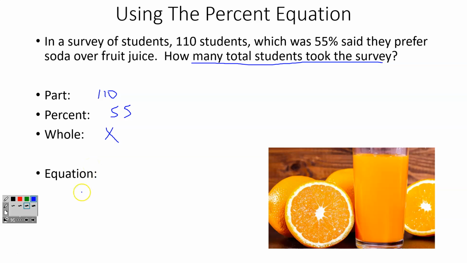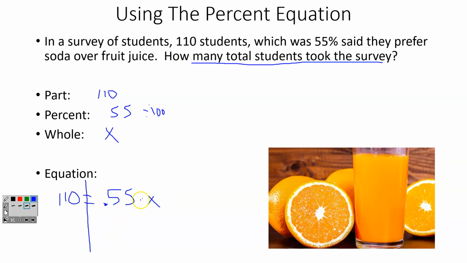So if I set it up as my equation, part equals percent. So we're going to take that 55 and make sure we divide it by 100. So that's 0.55 times the whole. Now to solve it, this is a one-step equation. Draw my fence. I need to get the x all by itself.